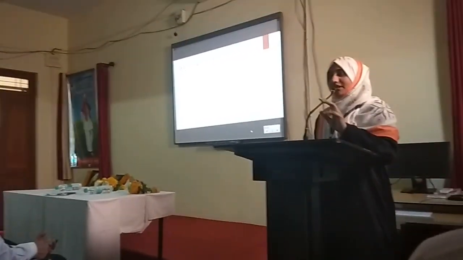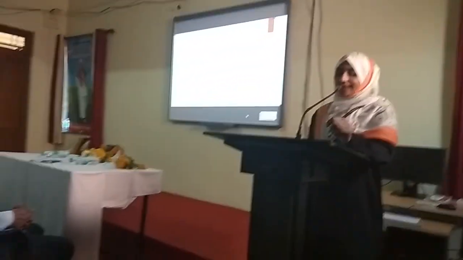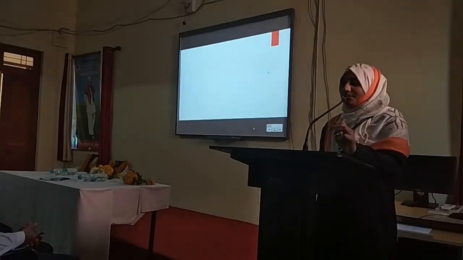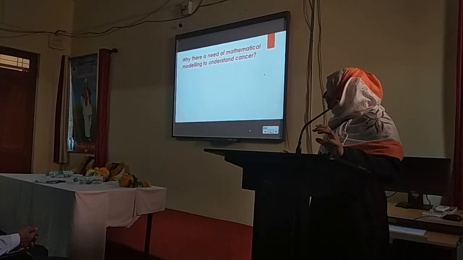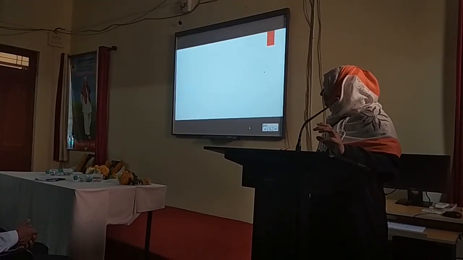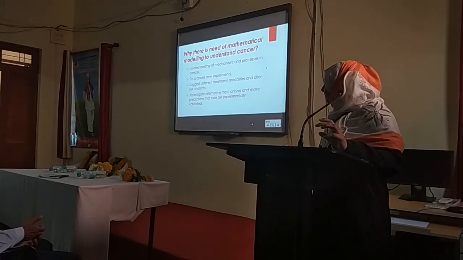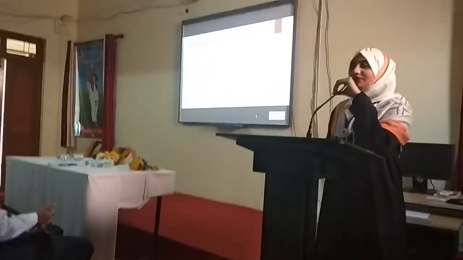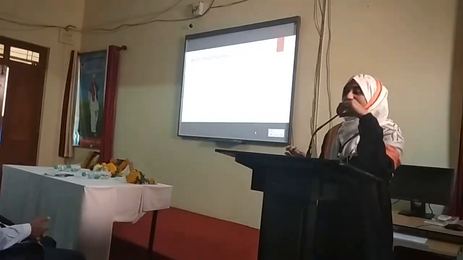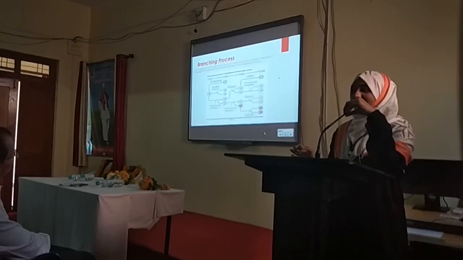The first process we'll see is the branching process. A branching process is a stochastic process or an imaginary process in which cell division takes place. The probability of cell division may be of three types.